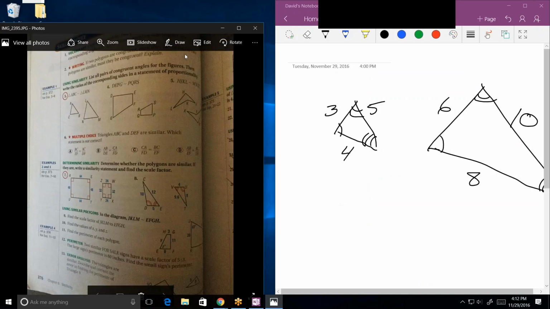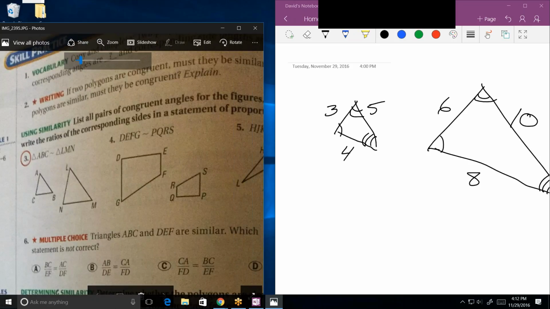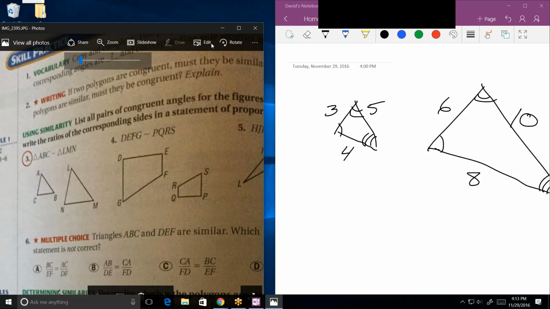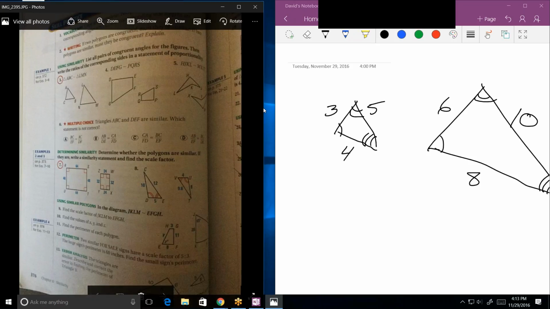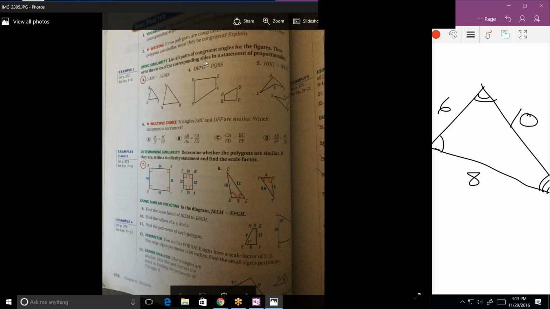All right. And zoom. Which one do you want to start with? So we're doing 1 and 3 through 12. Okay. 1 and 3 through 12. Hold on a minute.